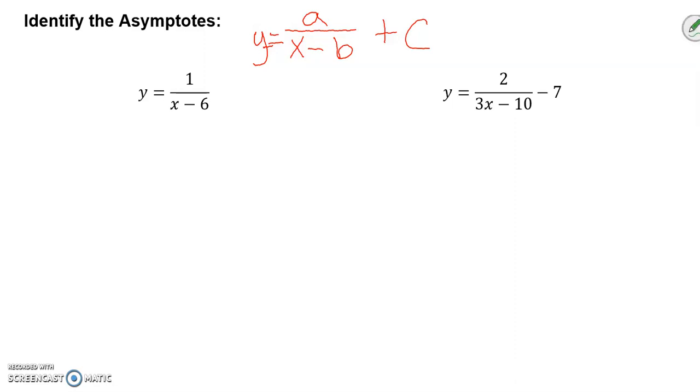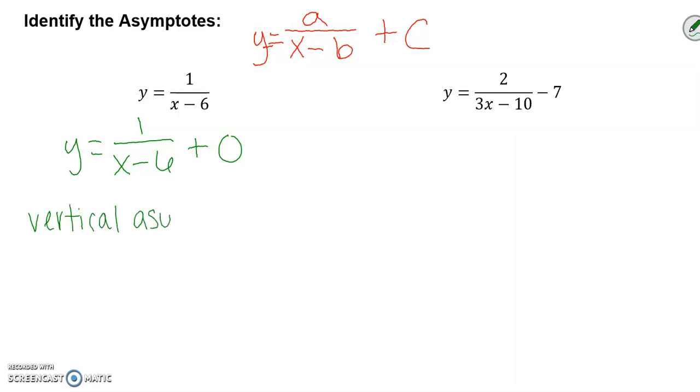So here on the left, we can write this equation in that form. So we'll have y equals 1 over x minus 6 plus 0. So our vertical asymptote will be at that excluded value. So x minus 6 equals 0.